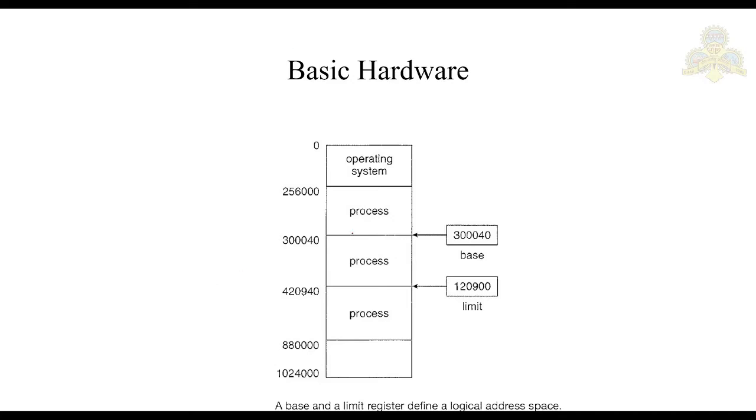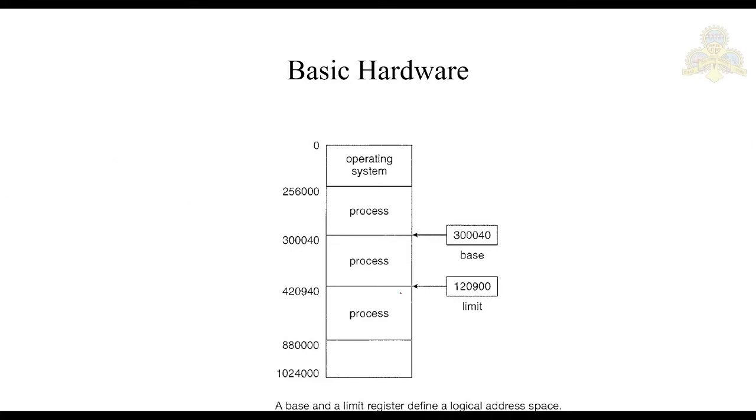First you have your operating system, then you have multiple processes residing in the main memory. Once these are resident in the memory, the CPU would be allocated to these processes and it will start executing. As we have just seen, the processes are given a range of legal addresses. So in this diagram you can see here, just a minute.